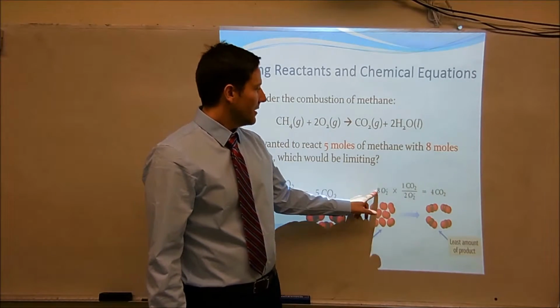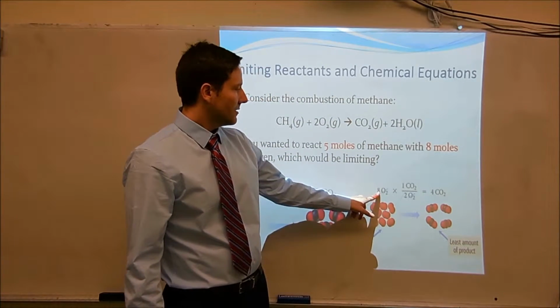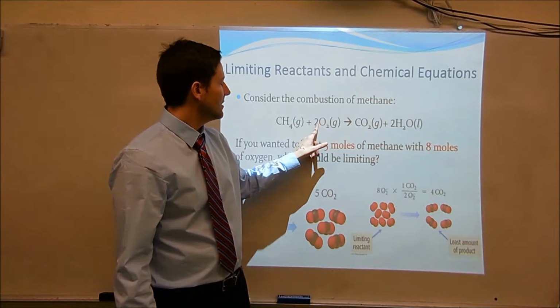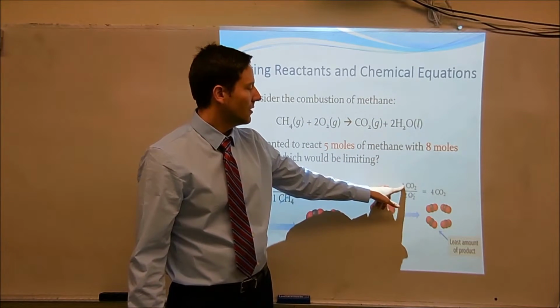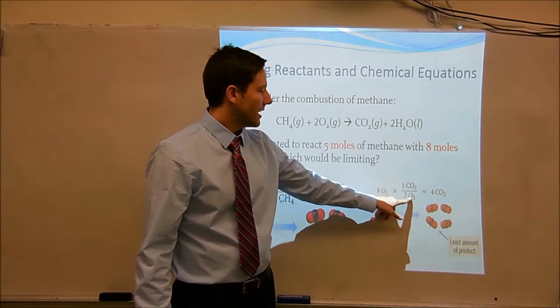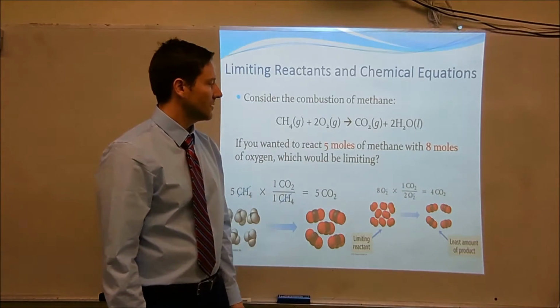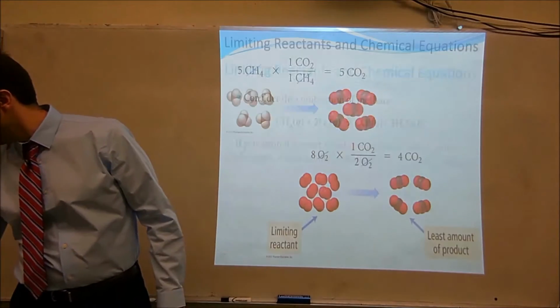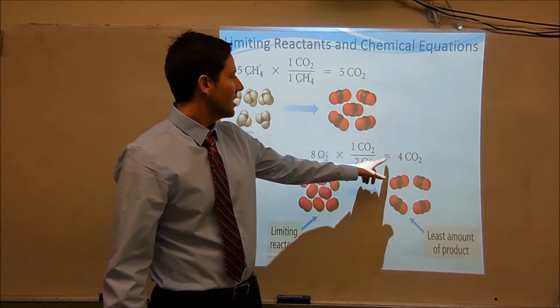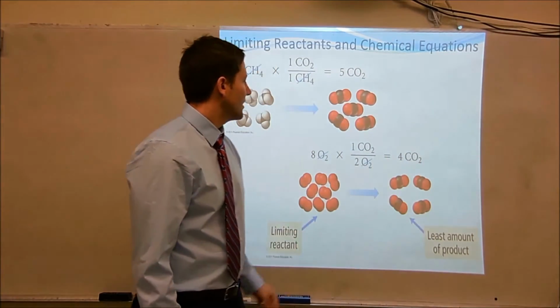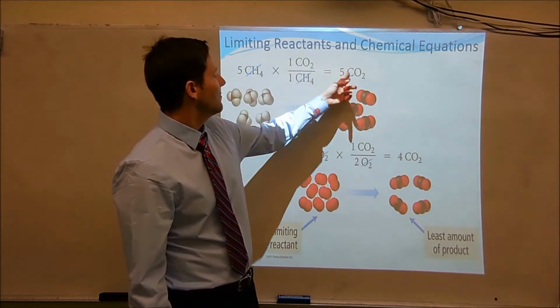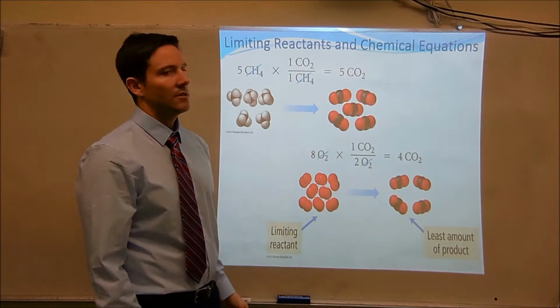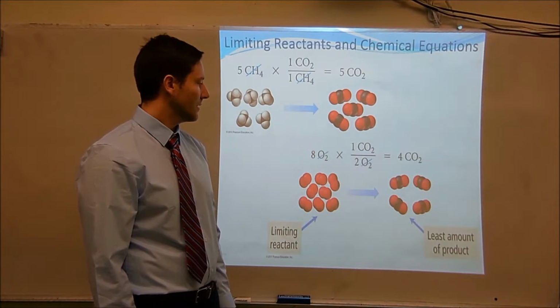If you start with 8 moles of oxygen, according to the balanced equation, 2 moles of oxygen get you 1 mole of carbon dioxide. You put oxygen on the bottom so that those units cancel. You're only going to get 4 moles of carbon dioxide starting with 8 moles of oxygen. Whereas you got 5 moles of carbon dioxide starting with 5 moles of methane.